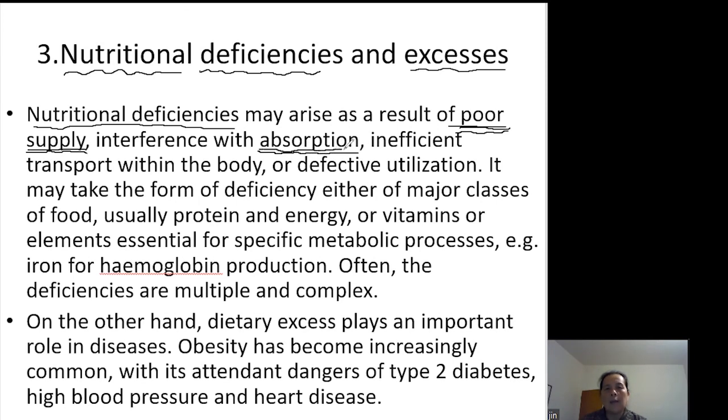Some people have digestion system issues. They have poor absorption. They eat normally, but they still get poor nutrition. And also, they couldn't effectively transport nutrition to the body. So that's another reason. Or even if it is transferred to the body, it is hard to use.